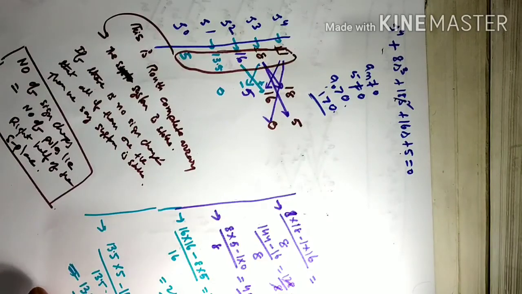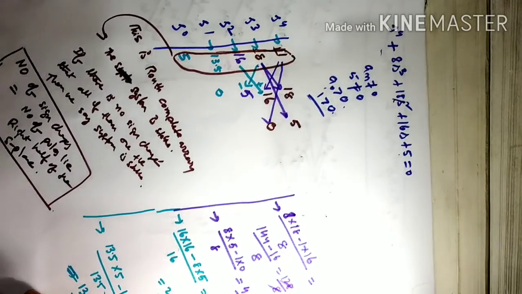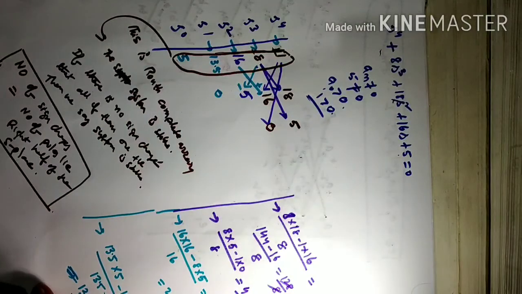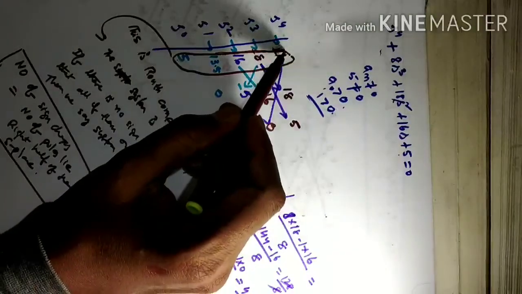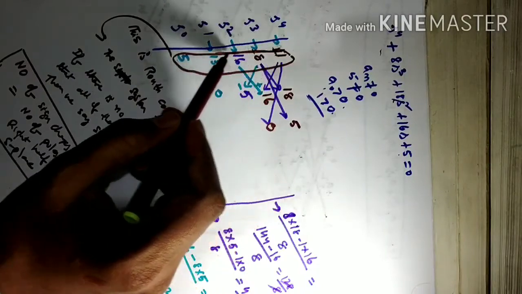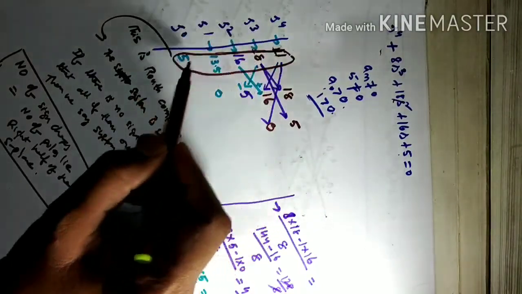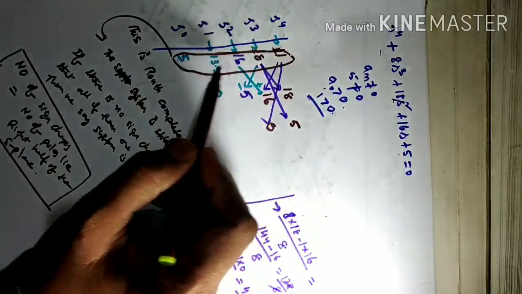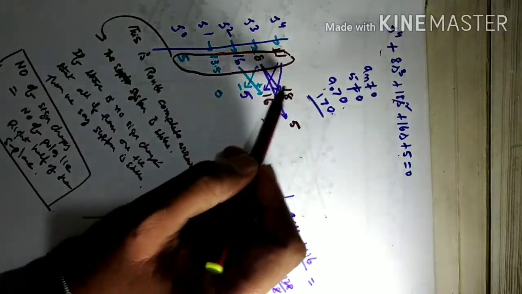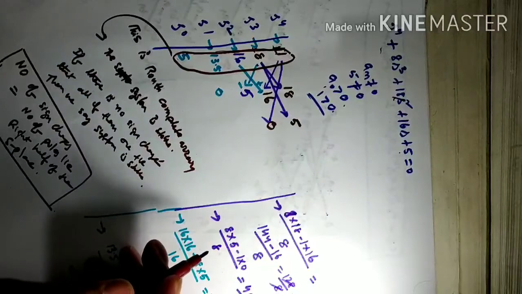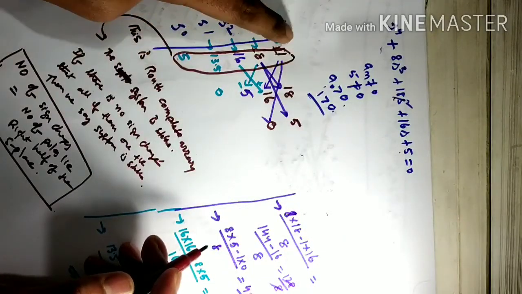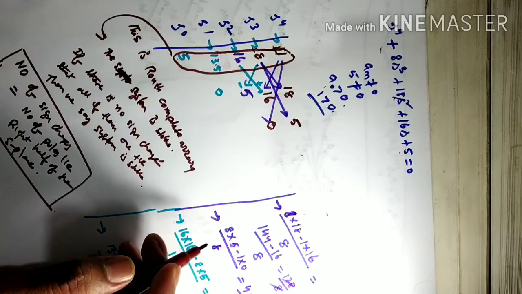Okay, so this is the first example. I'm going to repeat here. How are we going to find stability for the system? You just examine the first column of the Routh array coefficients and check it. If there are no sign changes, we say the system is stable.